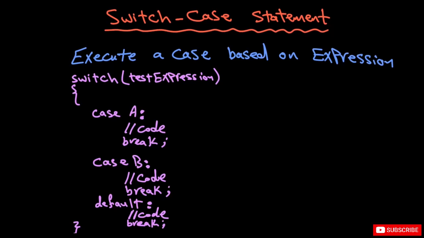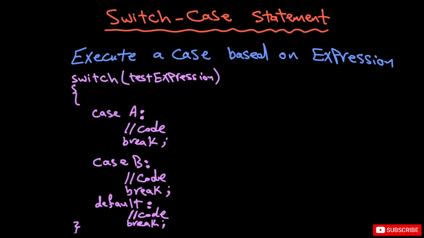If the test expression matches case A, the program will execute the code from inside the case A body, and after that, by using the break statement, the program will break after executing that code. And if the test expression doesn't match case A, the program will skip this case and will continue with the next one, which is case B.